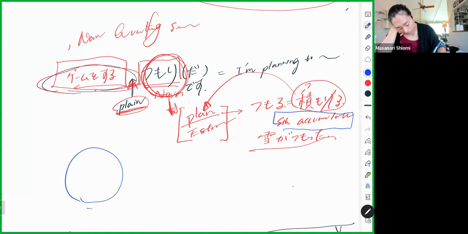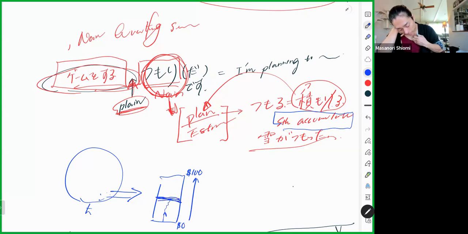Say you're looking at something, and there's a gauge from $0 to $100. Whatever you're looking at is being accumulated to a certain price. 見て、積もる. You look at something being accumulated to settle on a certain price.